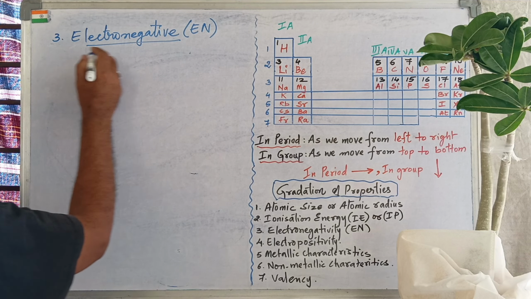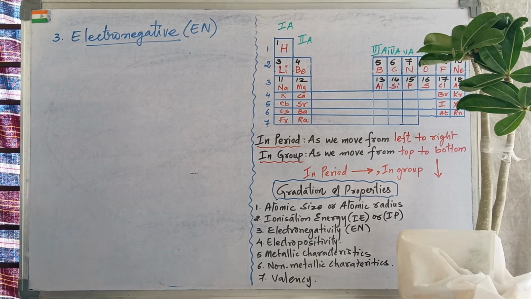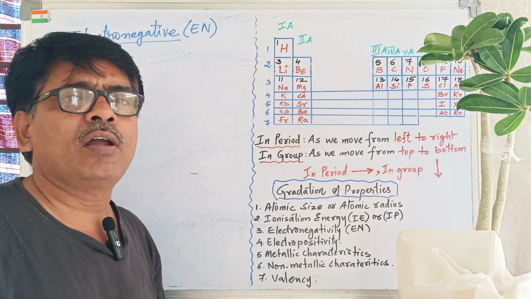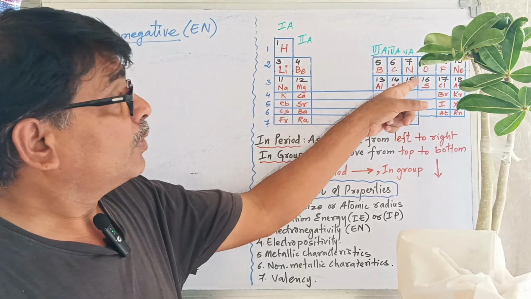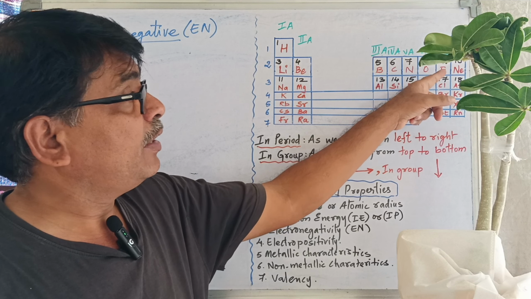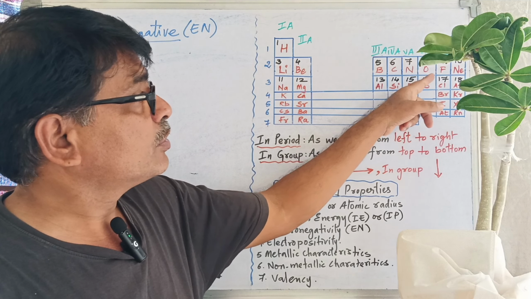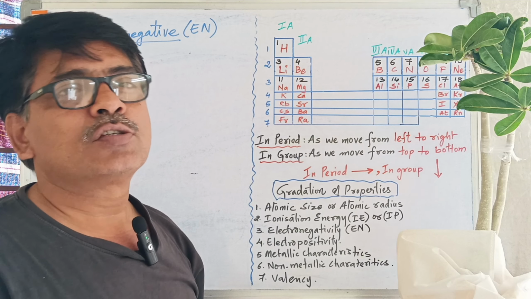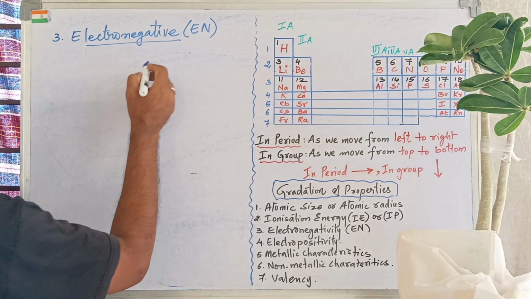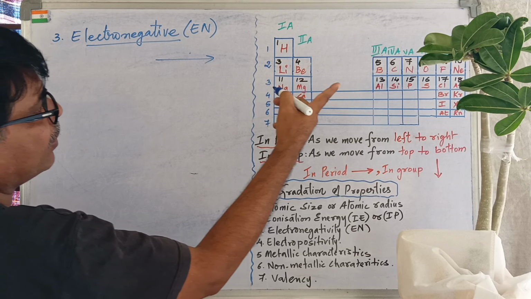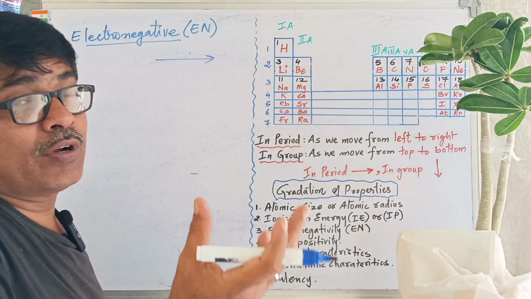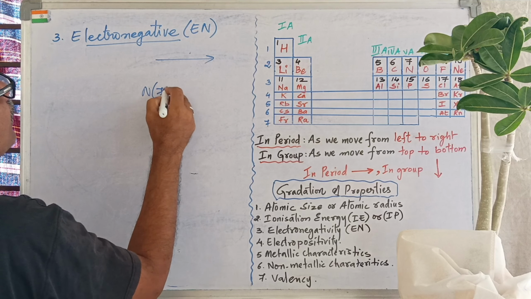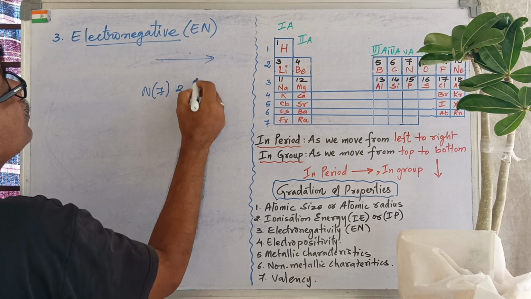Now, electronegativity is the tendency of an atom to attract a bonded pair of electrons. Who do you think will have more tendency to acquire electrons? Elements which are here, 7, 8, 9, nitrogen, oxygen and fluorine, have more tendency of acquiring electrons. Nitrogen's number is 7, so it is 2, 5.